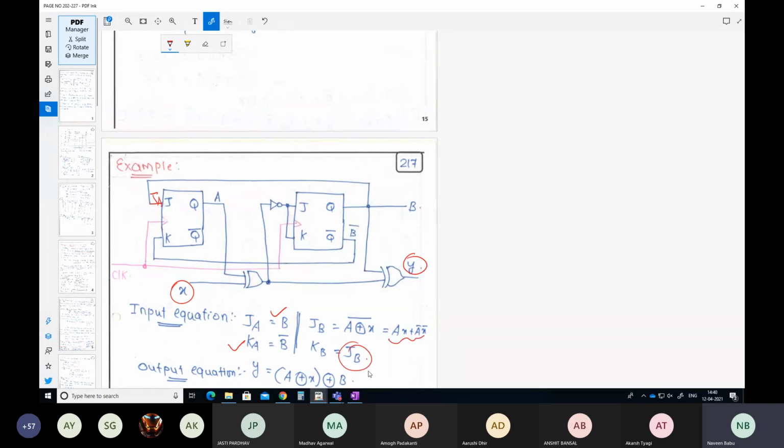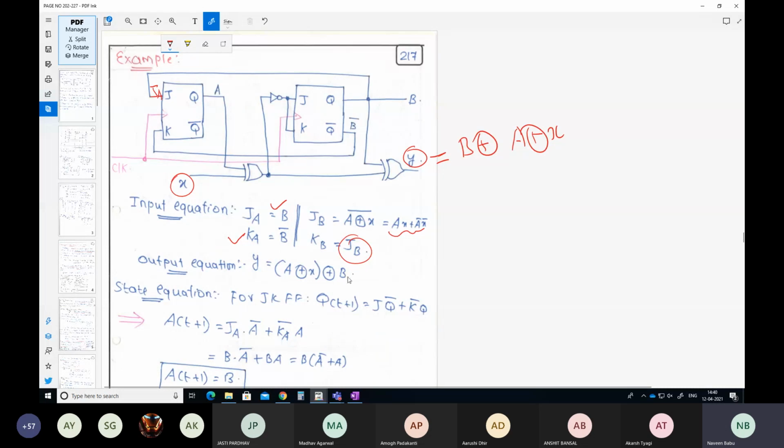Okay, so we have got our input equation, and what is our output equation? Y is nothing but B XOR of A XOR X. Okay, this is nothing but the sum operation, right? So that is what your Y is.